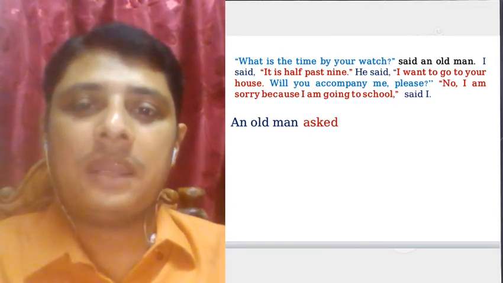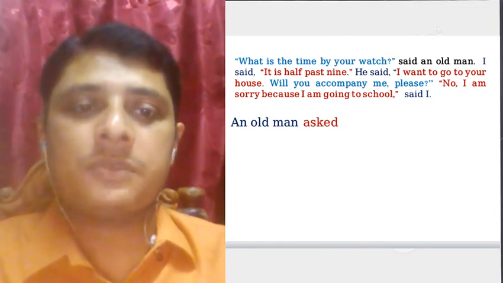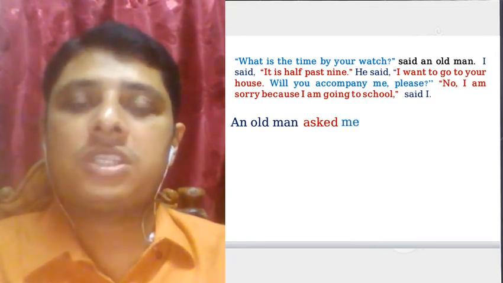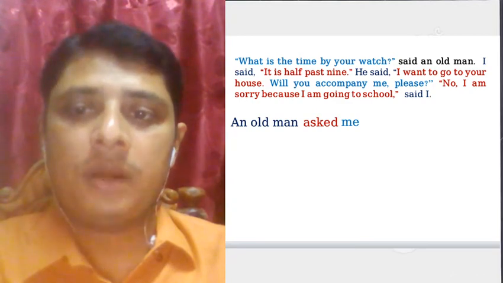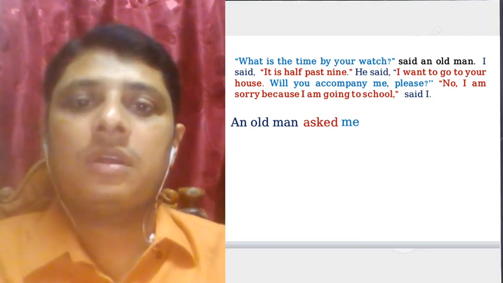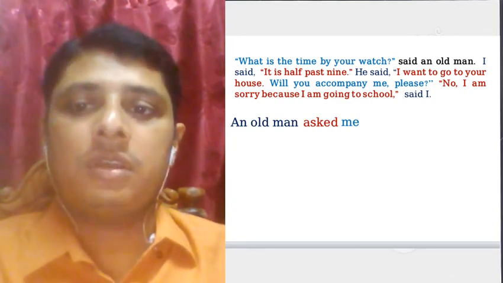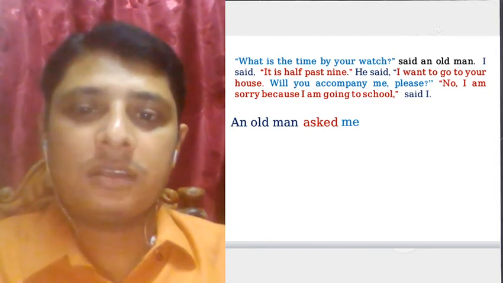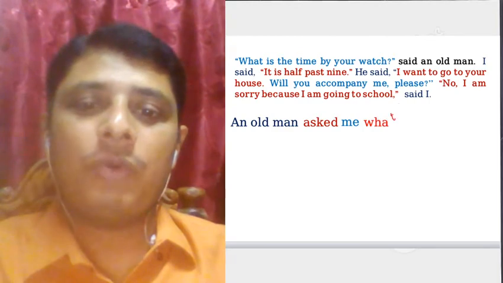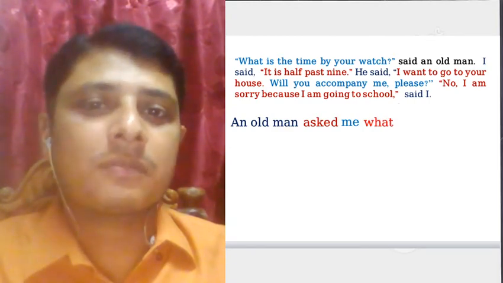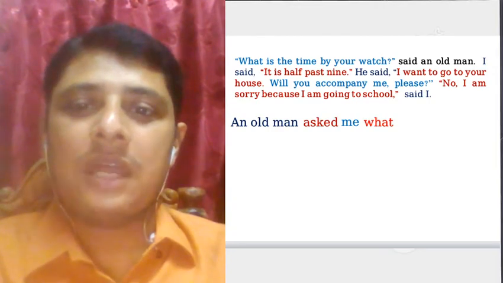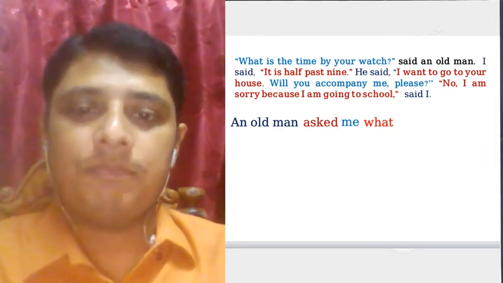An old man asked. So you have to take the object. Here you can see I, that would be me as object. And instead of comma, inverted comma, you should use if or a wh word. Here you can find what, so just use what as a conjunction. Then the subject, the time.